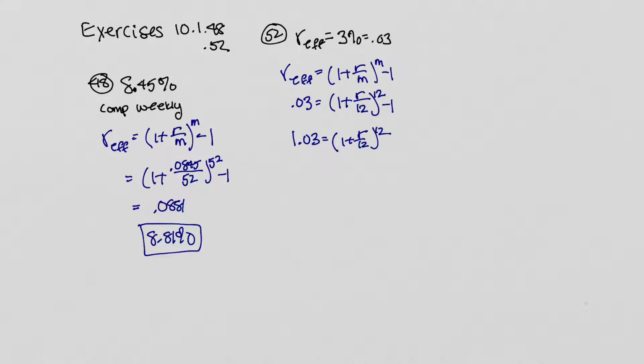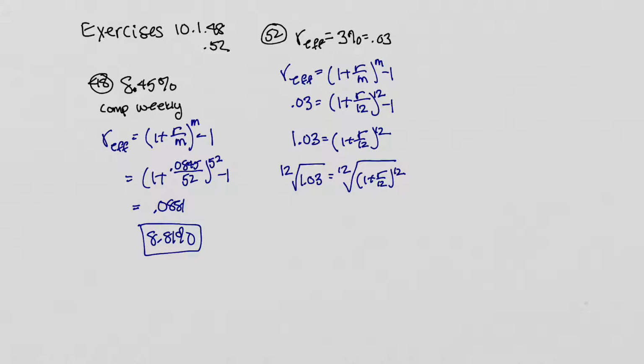And now, since we're looking for R, we have to undo this power. This is the 12th power. So we're going to take the 12th root of 1.03, and that will be the 12th root of the quantity (1 plus R over 12) to the 12. I'm going to leave this left-hand side like this until the very end, then I'll do the computations all at once.